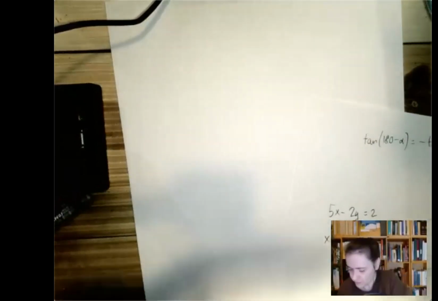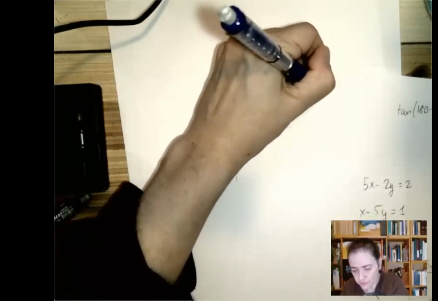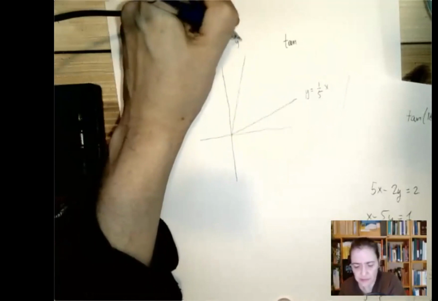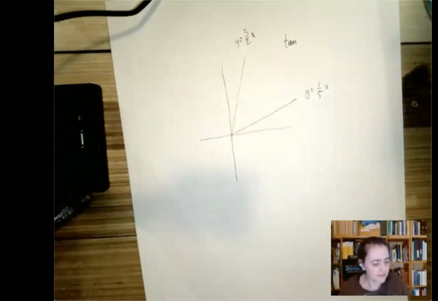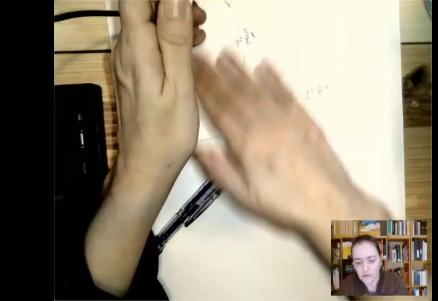So what we know is that tangent of, so this here is y equals 1 over 5 x, and this here is y equals 5 over 2 x. Now, what is the slope? The slope is the tangent of the angle that is formed between the line and the positive part of the x-axis.